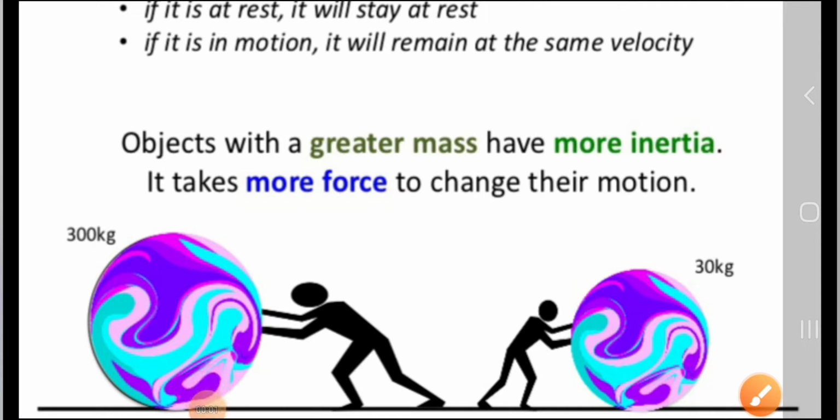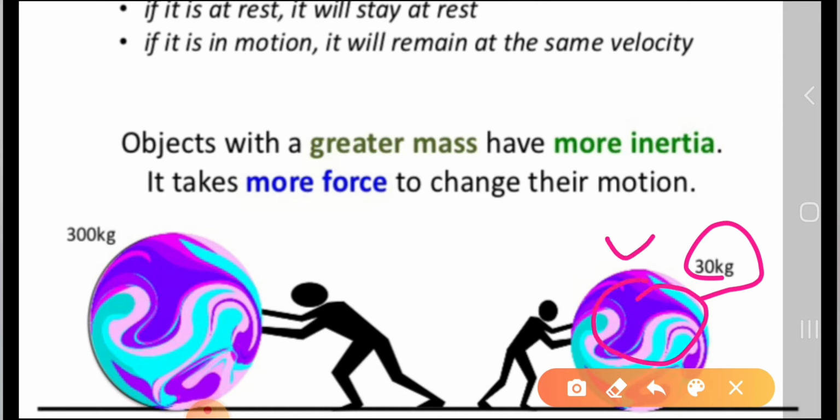Guys, here you can see this is a 30 kilogram object, and here is another object that is 300 kilogram. So this is a big object and this is a small object, right?